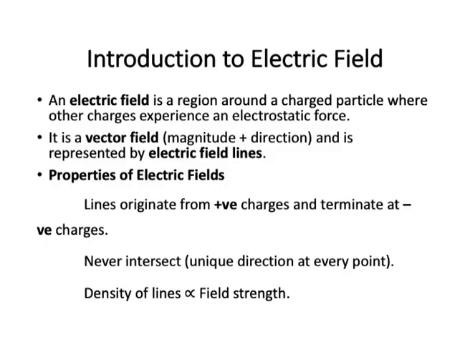Next, the properties of electric field. The electric lines originate from the positive charges and terminate at the negative charges. That means the electric field lines start from the positive charge and end at the negative charge.